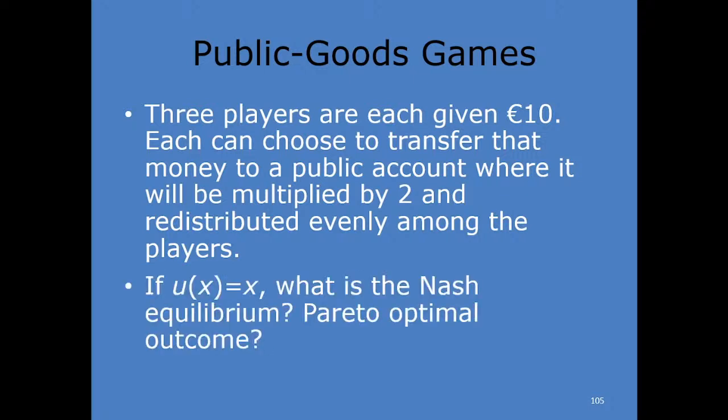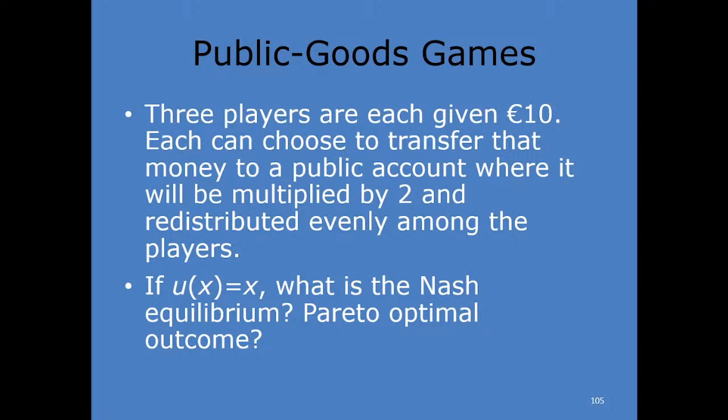Now, if you have utility U of x equals x, what is the Nash equilibrium and what is the Pareto optimal outcome? Anyone? So I don't give money and I still get something after that. Everyone has already some money. So the Nash equilibrium would be defect, defect, defect for each of the three players, right?